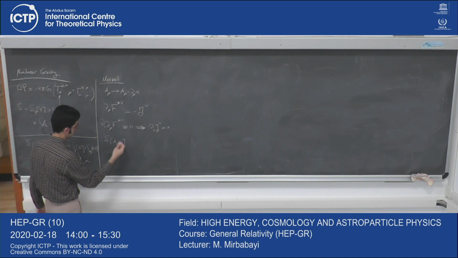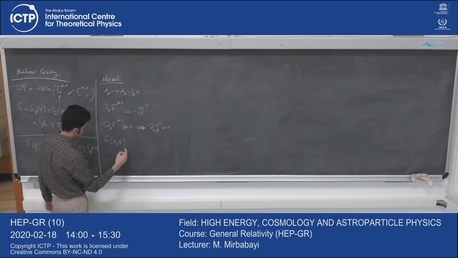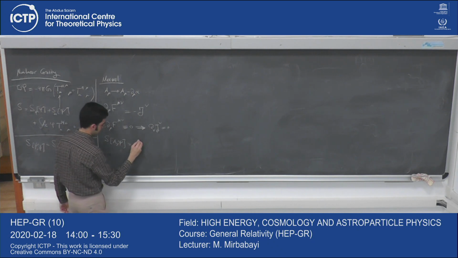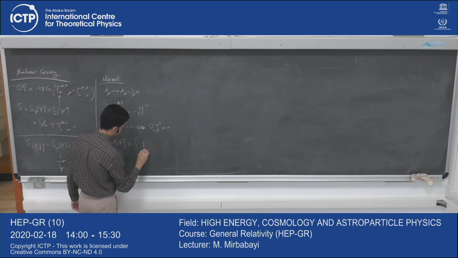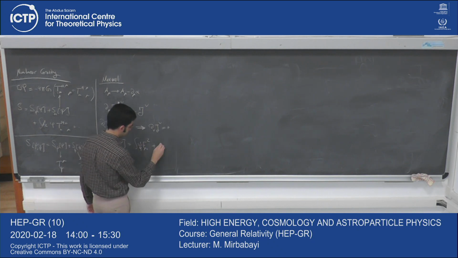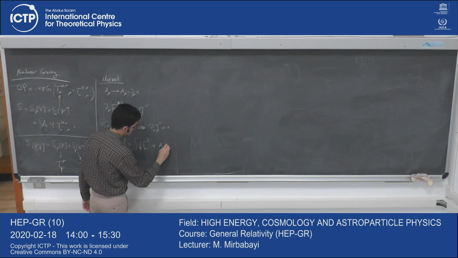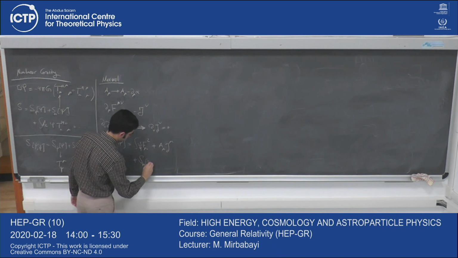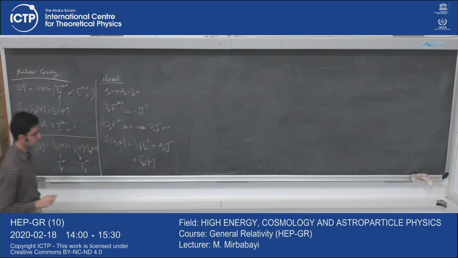So how would this action look? There is a kinetic term, F mu nu squared with a -1/4, and then there has to be a coupling between A mu and a current, and then there will be a matter contribution, which depends on psi.